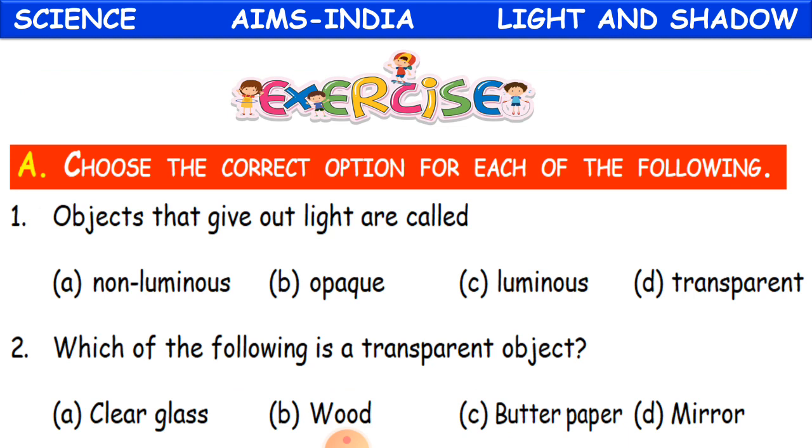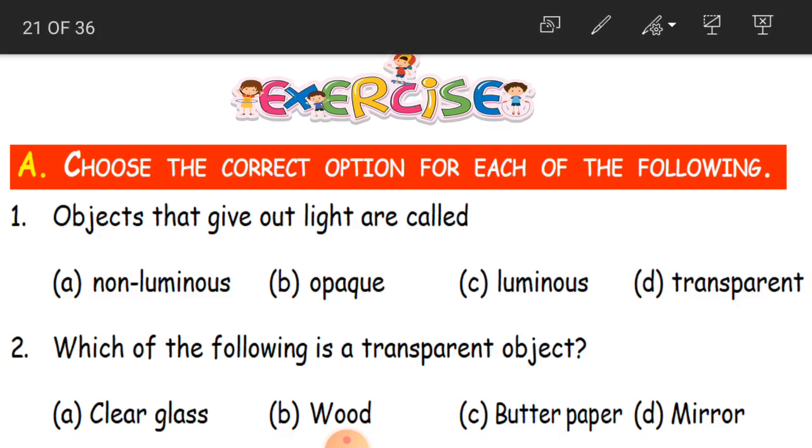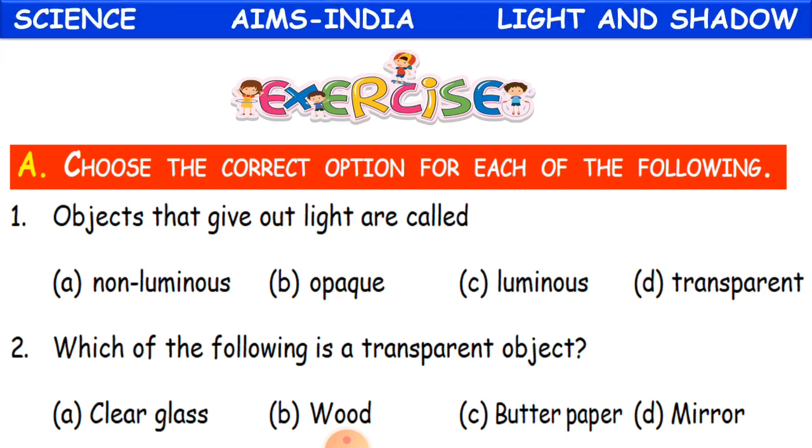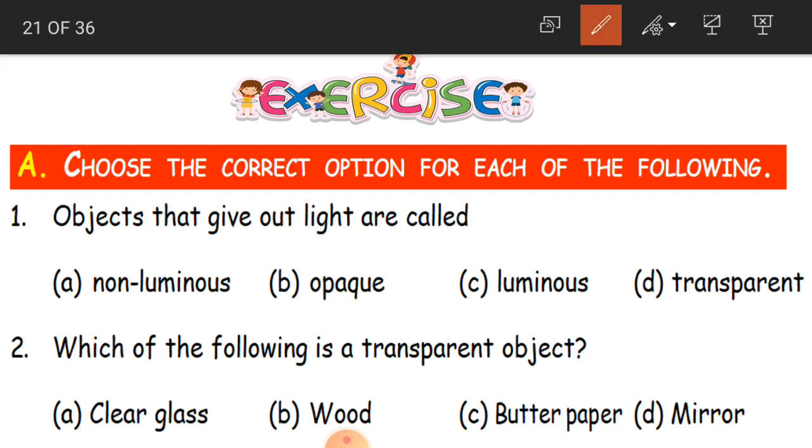Let us do that. The first one is: choose the correct option for each of the following. So 4 options have been given here. You have to select the right option. The first one is: objects that give out light are called non-luminous, opaque, luminous or transparent.